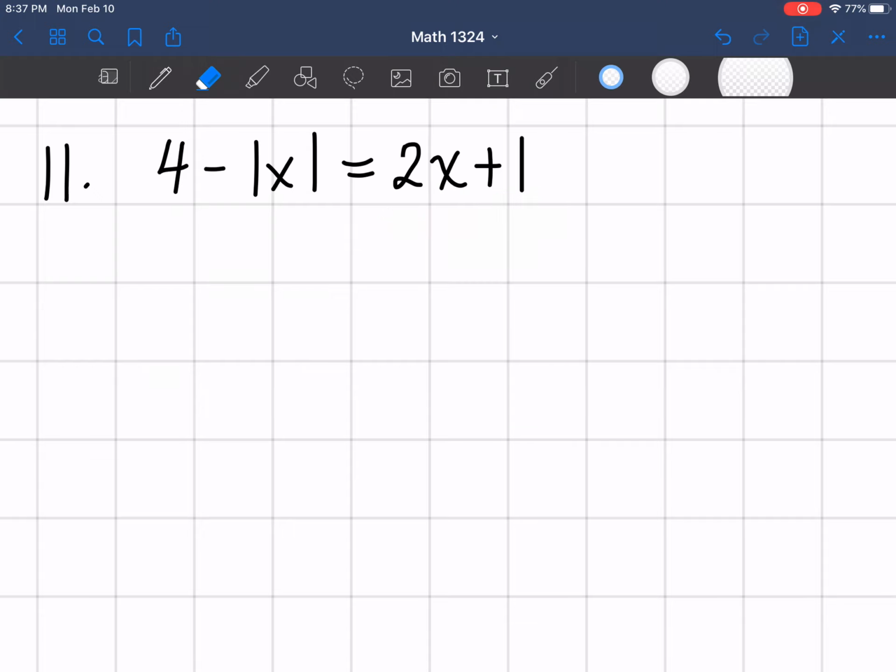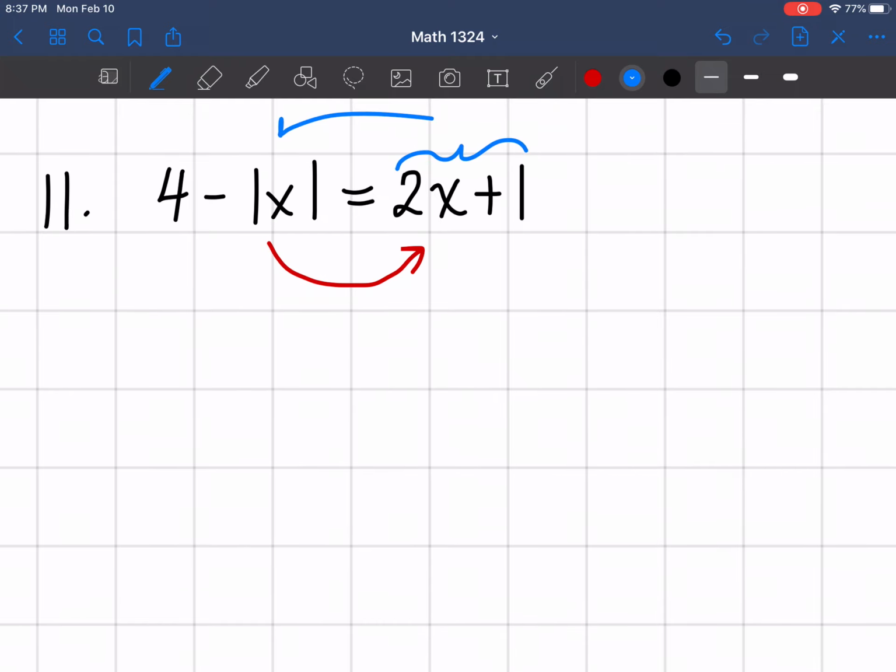So again, we isolate the absolute value by rearranging things. If I move the absolute value of x over to one side and move all of this over to the other side, we end up getting the equation 4 minus 2x minus 1 equals absolute value of x.